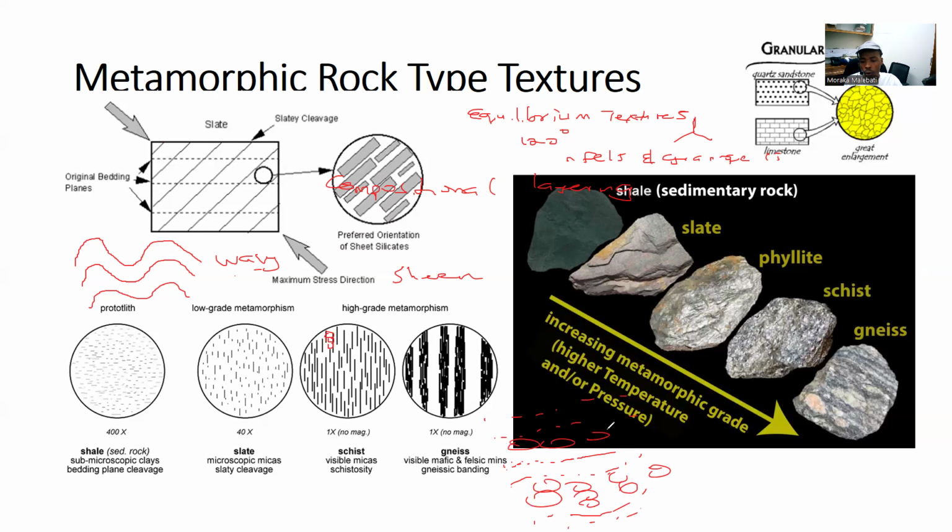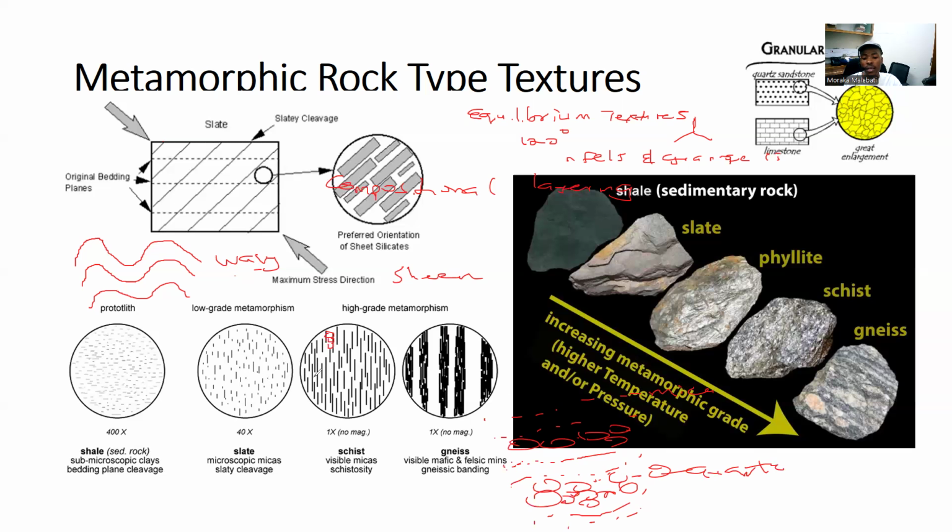So you can have quartz, you can have muscovite as light minerals, and here, let's say this is quartz, and then these are your micas, because your foliations are defined by the micas.